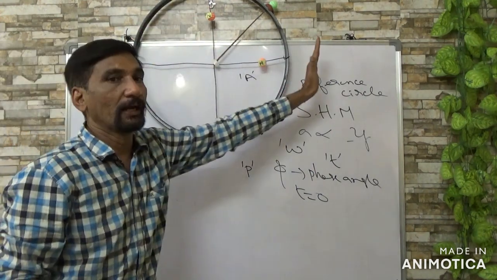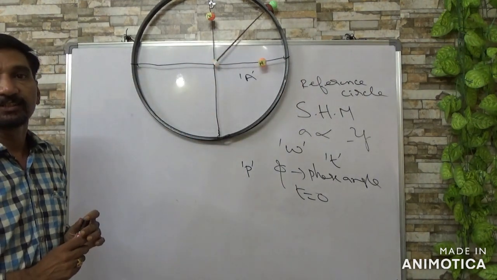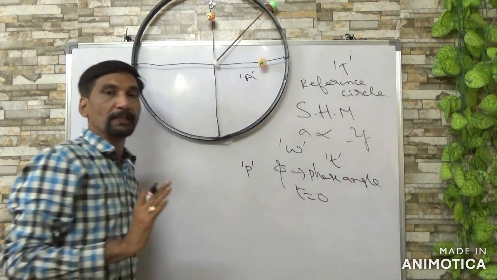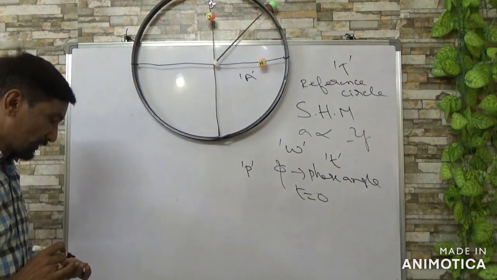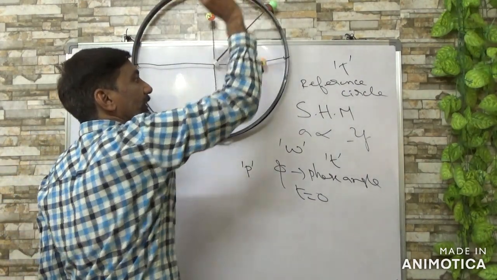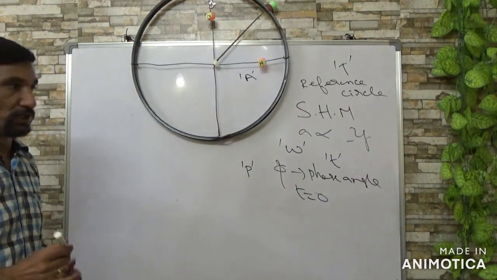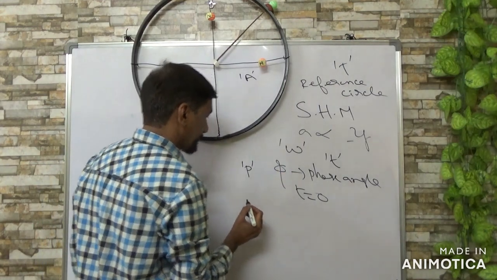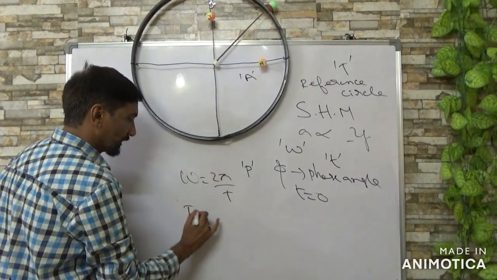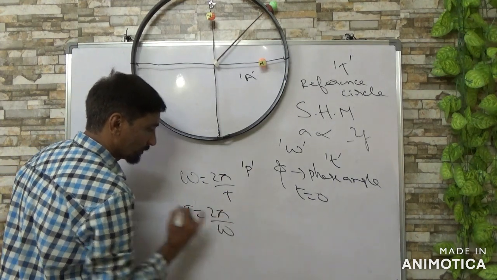This particle is moving on the diameter along the y-axis, and this one along the x-axis. Suppose capital T is the time period, the time taken by this particle to complete one rotation. Angular velocity is 2 pi by T, so T becomes 2 pi by omega.